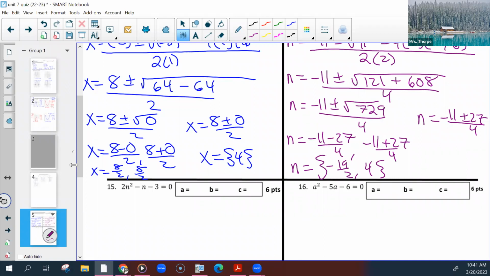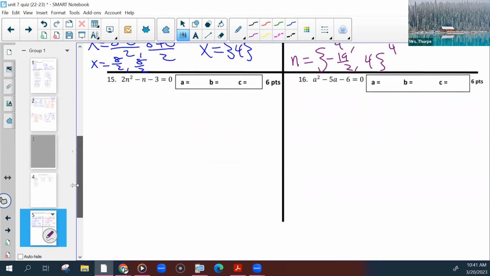We'll label this and write out how it's set up for this next one, and then we'll stop and finish that one. 2, -1, -3 for your ABC values.